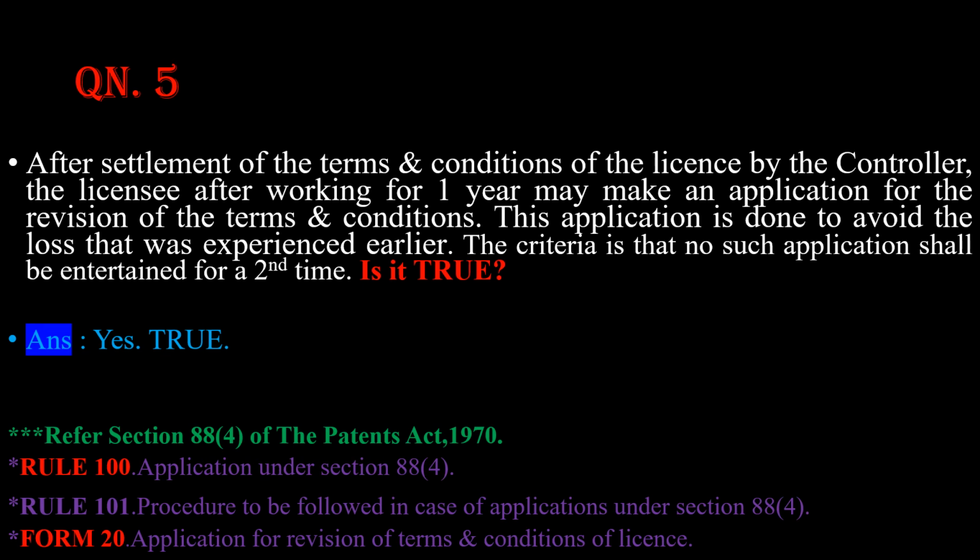Is the whole statement true? The answer is yes, true. For this, please refer section 88, subsection 4 of the Patents Act 1970. Here also, friends, the title for Rule 100 is application under section 88, subsection 4. Rule 101 is procedure to be followed in case of applications under section 88 subsection 4. And what is form 20? The title is application for revision of terms and conditions of license.